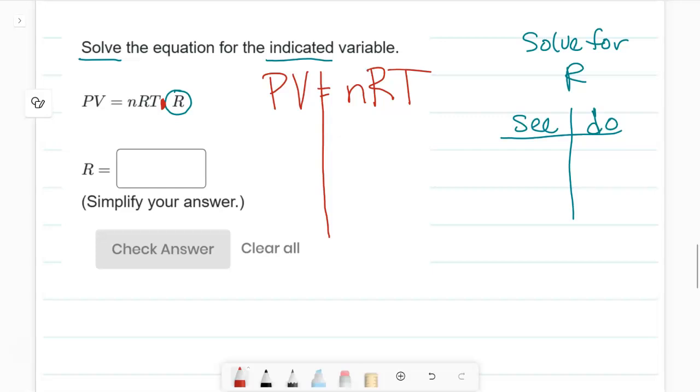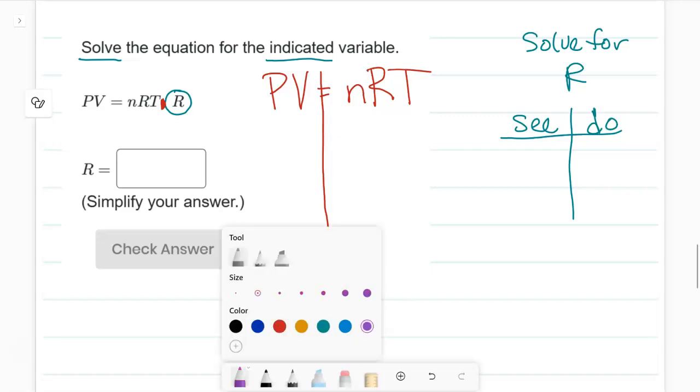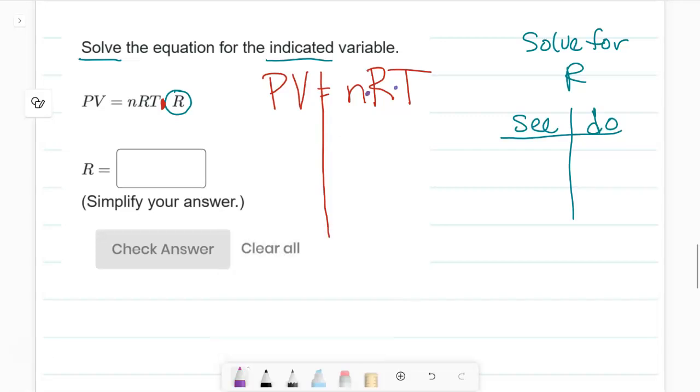Okay, so what do I see happening with the r? The r is multiplying by n and by t, all at the same time. It is multiplying by n and t all together. We're not going to separate them, okay? So we're going to divide by nt on both sides.